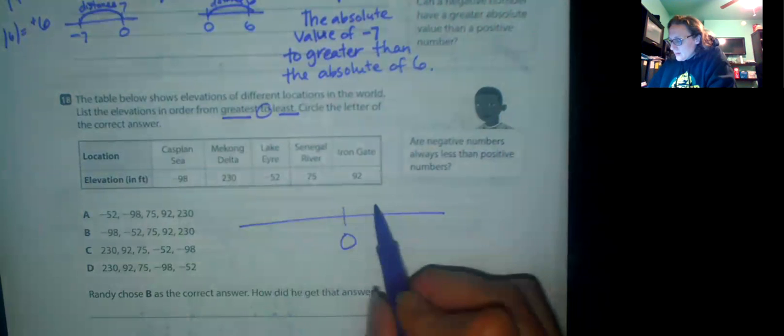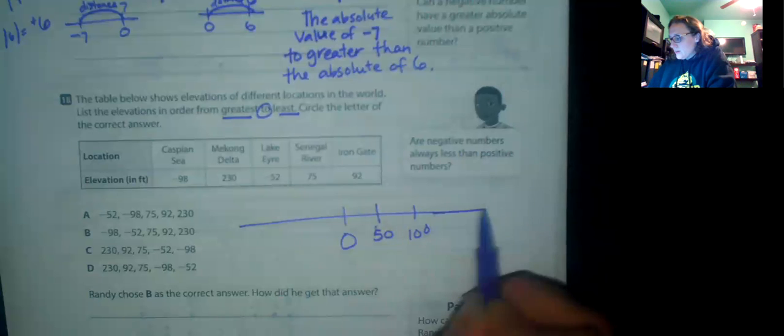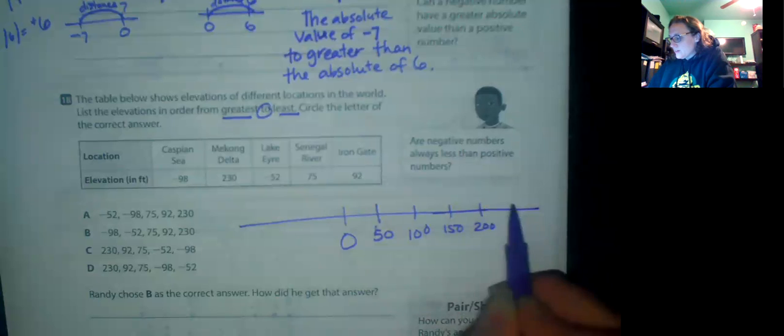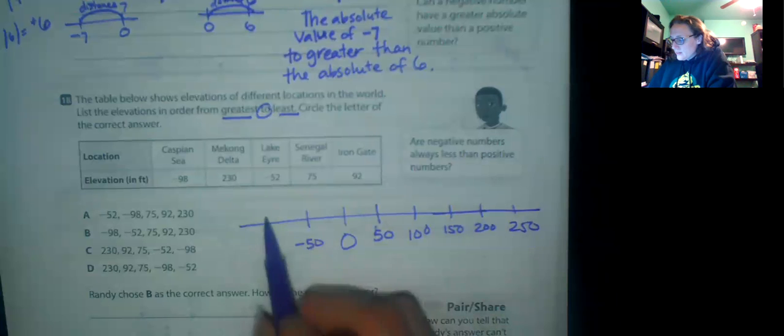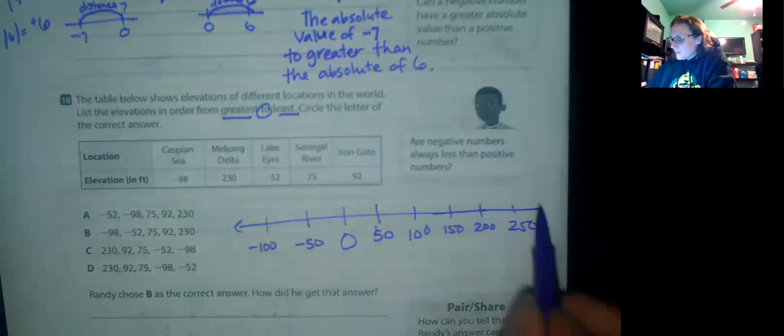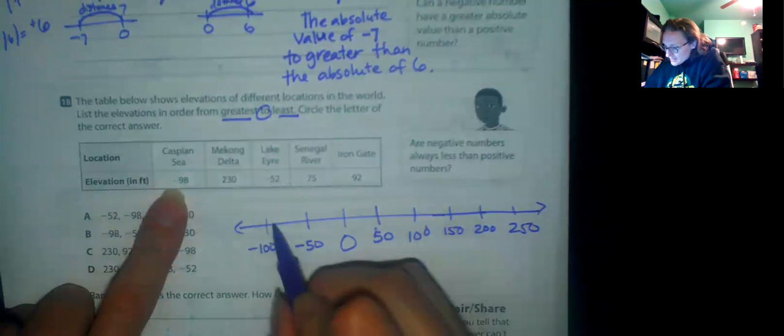These numbers are getting pretty big, so I'll jump. Let's go with 50, 100, 150, 200, 250, and this side -50, -100. Okay, so let's place these values. All right, so that's about here.